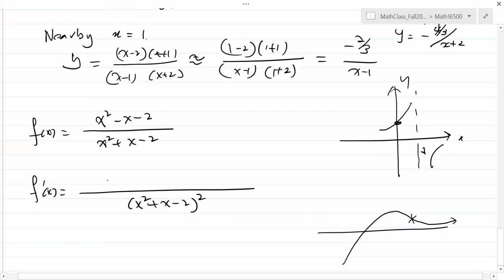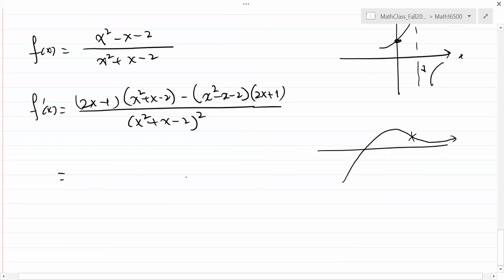So that would be 2x minus 1, minus x squared minus x minus 2 and 2x plus 1. Whoa, we have to simplify. It's pretty complicated.